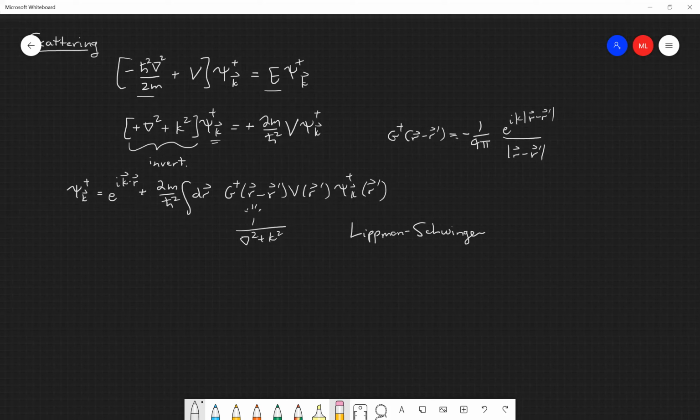If we don't write it out in terms of coordinate representation, we can write it in terms of kets as just vectors in our Hilbert space. And in that case, it will look like the following.